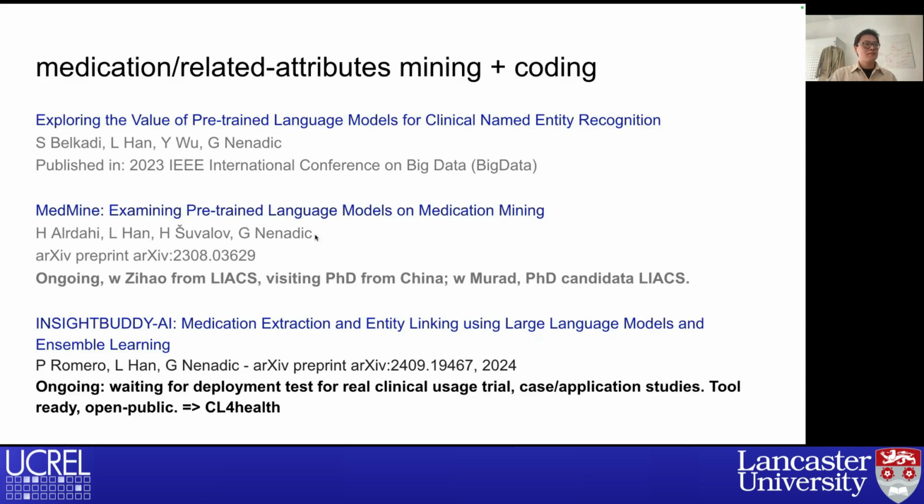MedMan is extracting medications, and here is a very handy tool people can download on their desktop, either Windows or MacBook. It's a really good interface. Pablo developed it. So the style is I list the paper and then go briefly over the framework. Okay, and we can talk more about details underline as well.